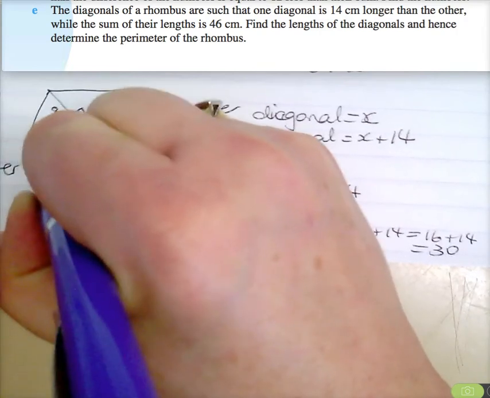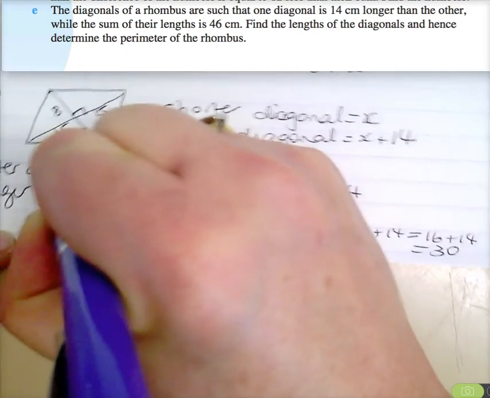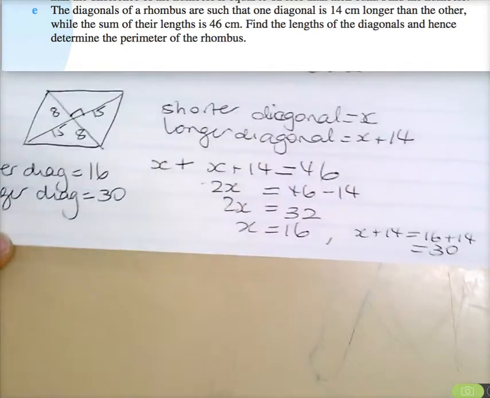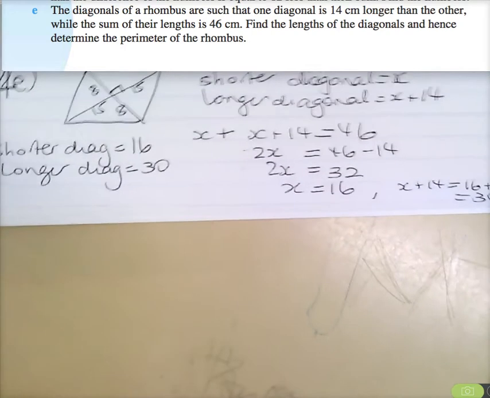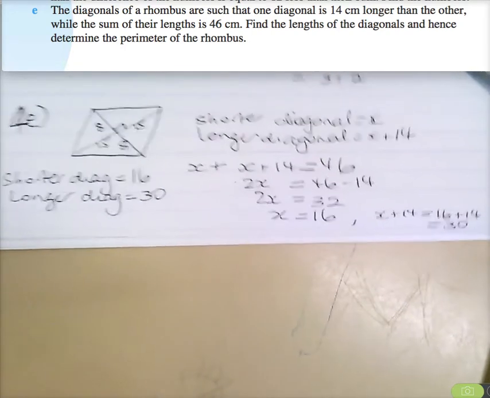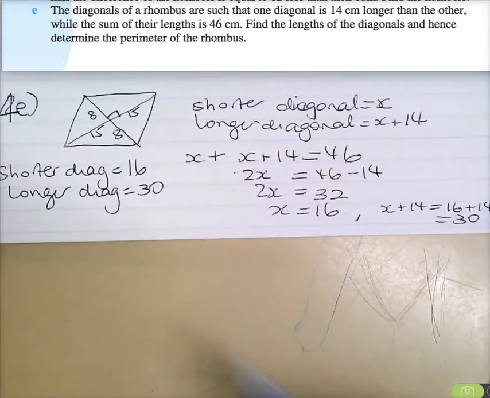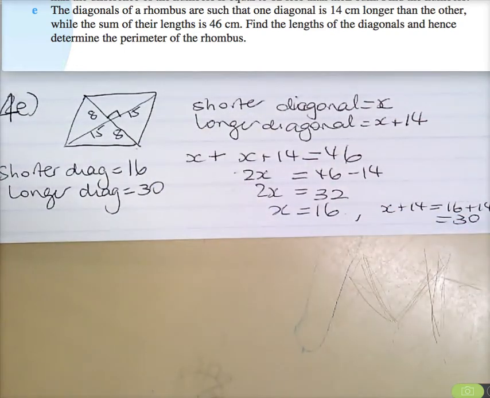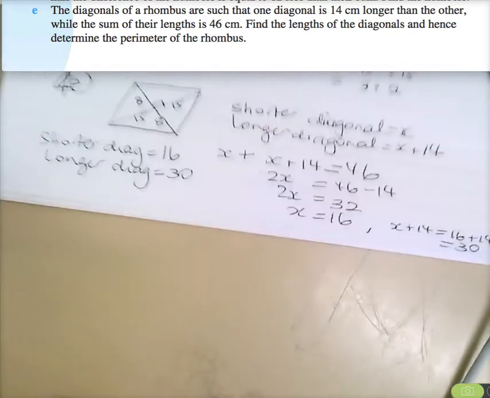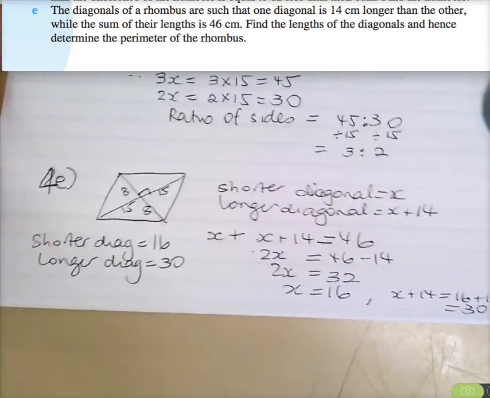So shorter diagonal is 16, longer diagonal is 30. Shorter diagonal is 16, so properties of a rhombus is that the diagonals bisect each other at right angles.